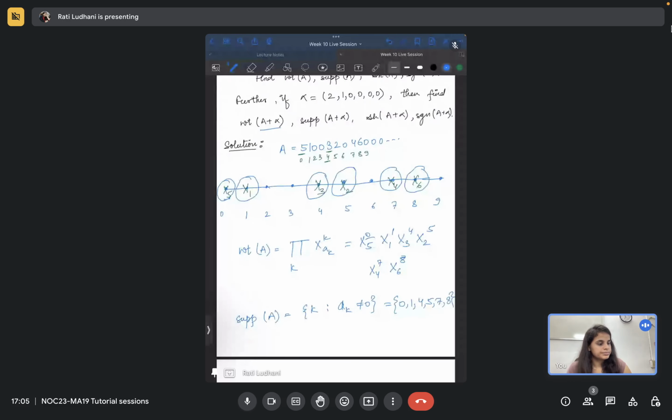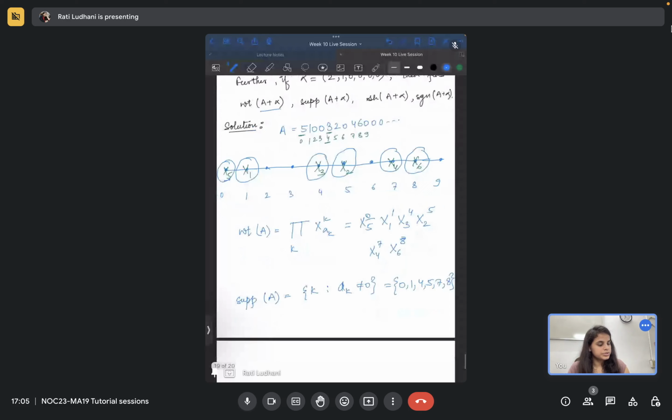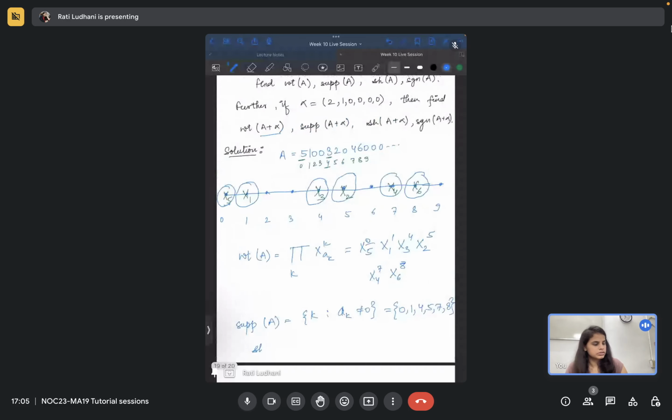Now, what is the shape of A? We need to find out. Whatever we got as support, we subtract delta n, where n is 6 again, so the tuple is 5 4 3 2 1 0.